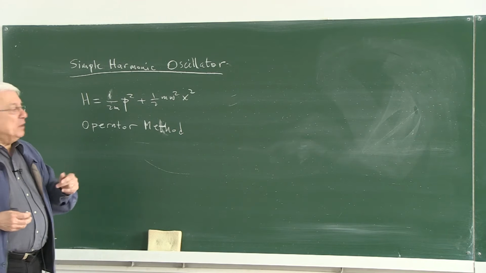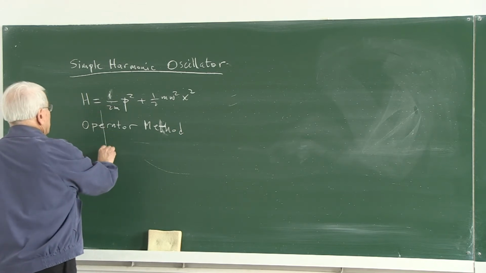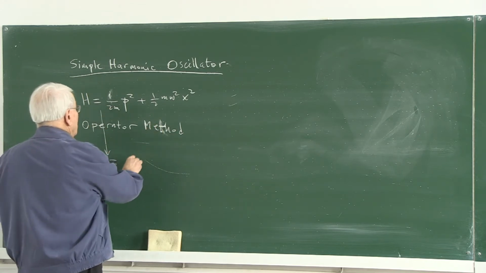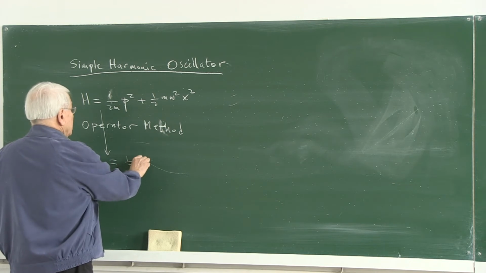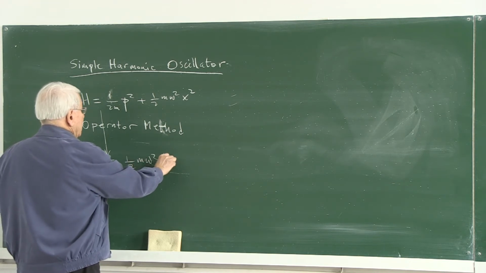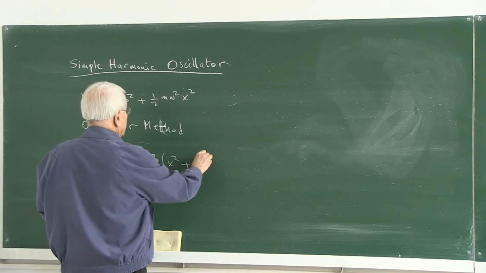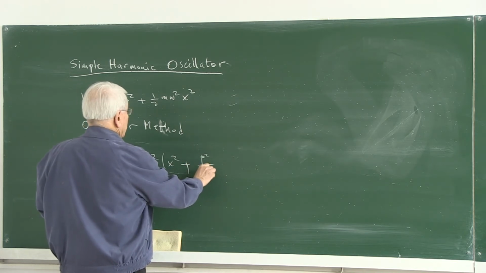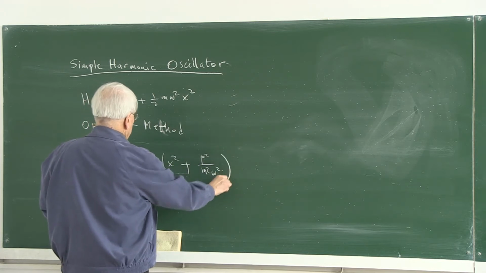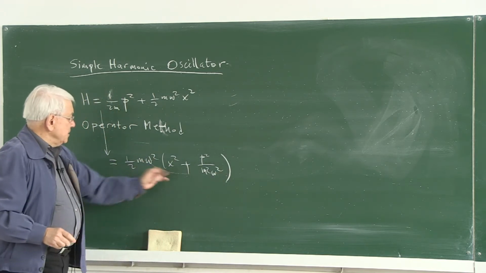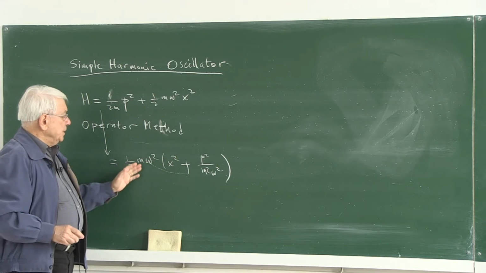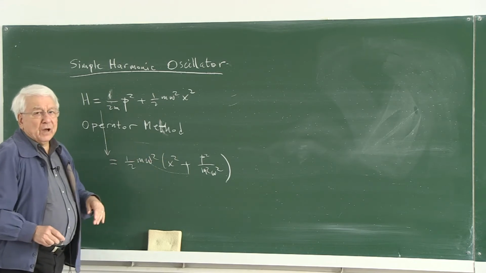That's a nice mathematical trick. Let's try to write this in the following form: 1 over 2 m omega squared, times x squared plus p squared over m squared omega squared, correct? Omegas cancel, there is 1/2, m's cancel, so indeed, that's a nice way of writing the expression.